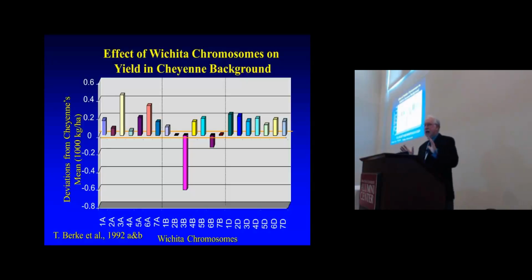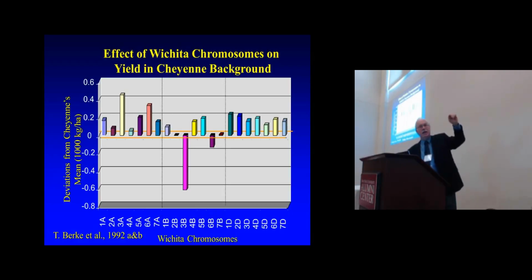So this is what you see. Now, I'm going to try to explain this very briefly. On the bottom, the x-axis are the chromosome pairs of wheat. 3 genomes, the A, the B, and the D. They're all homeologous. You have 1 through 7, 1 through 7, 1 through 7. On the y-axis, the 0 point is Cheyenne's yield level.